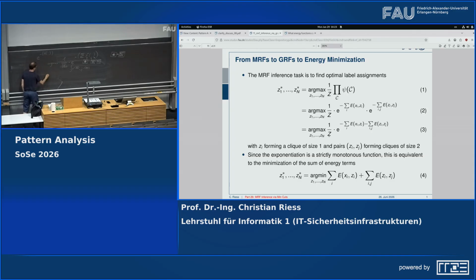Or if you look at it from the perspective of a probability distribution, if this is the space of all possible labelings, then what we are looking for is the maximum likelihood solution, the most likely solution. But the Z scales this distribution; it doesn't change the location of the maximum.